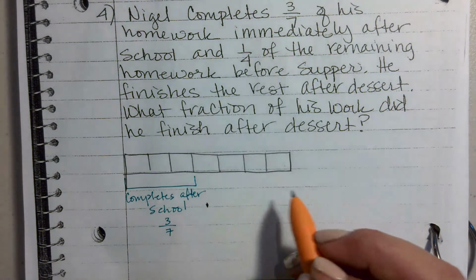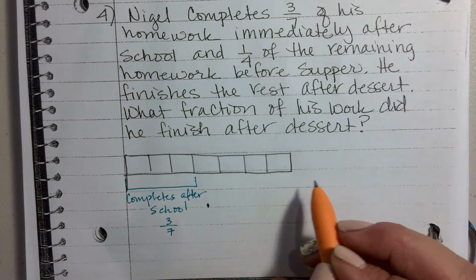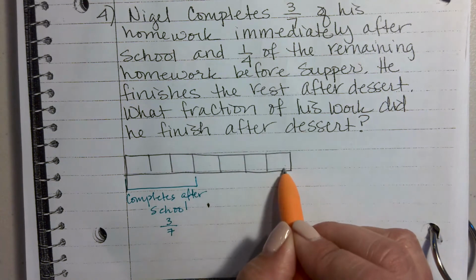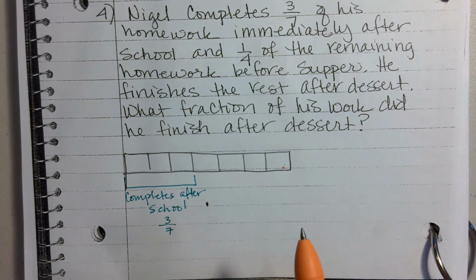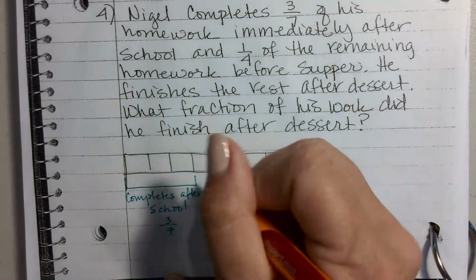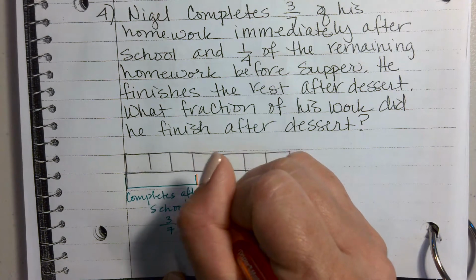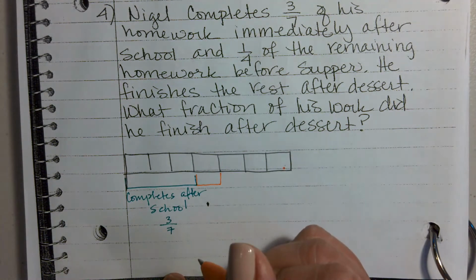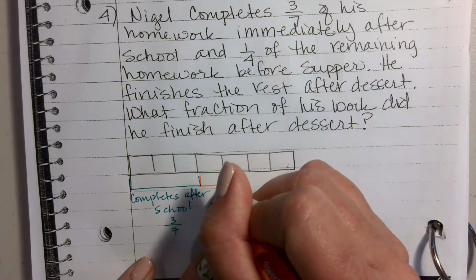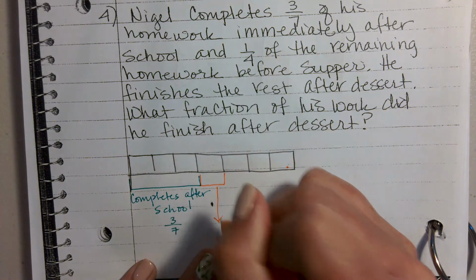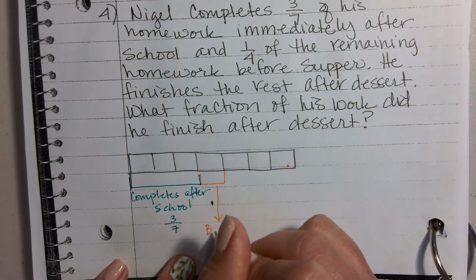So the remaining units on the tape diagram, what is 1/4 of the remaining? So 1/4 of 4/7 is 1/7, right? So right here, we're going to put 1/4 remaining completes before supper. We're going to draw this before supper.